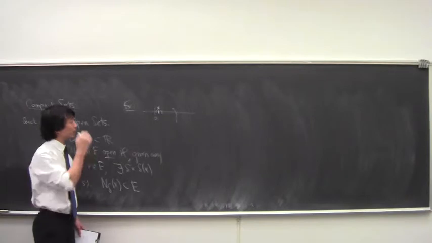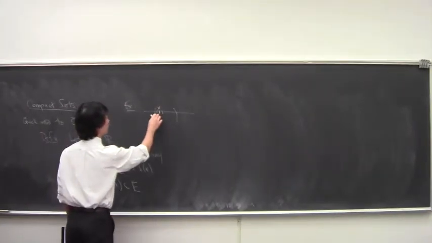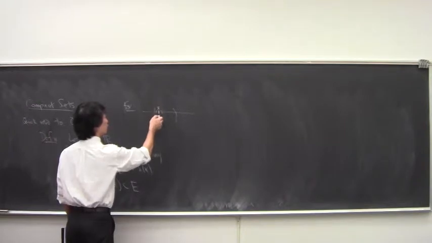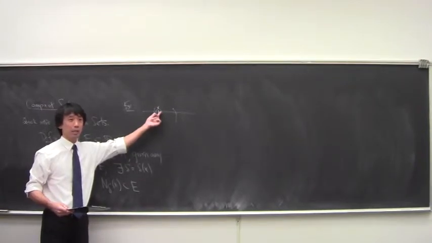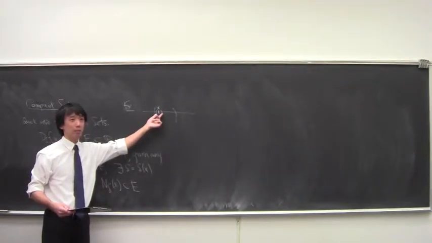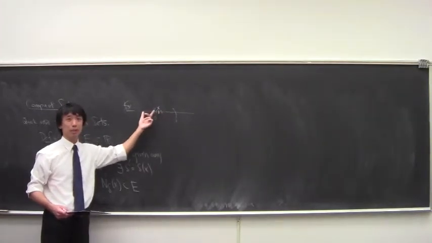If somebody says, I give you the number 1/4, you say, okay, I'm going to take my delta to be 1/8, and the 1/8 radius neighborhood of 1/4 certainly lies within (0, 1).